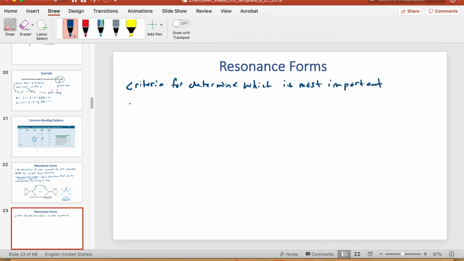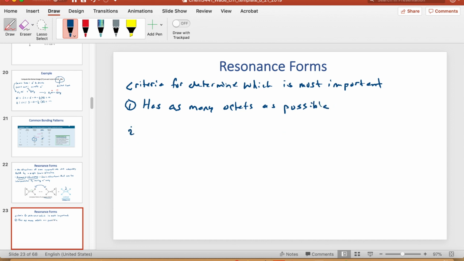Number one, basically you're asking, does this structure, the one that is going to be the most important, have as many octets as possible.